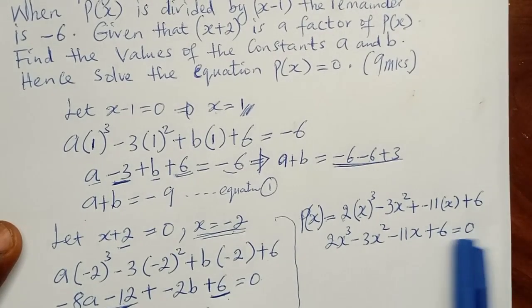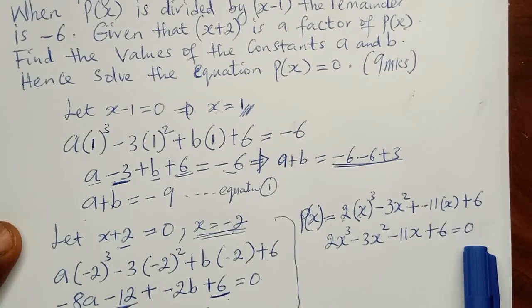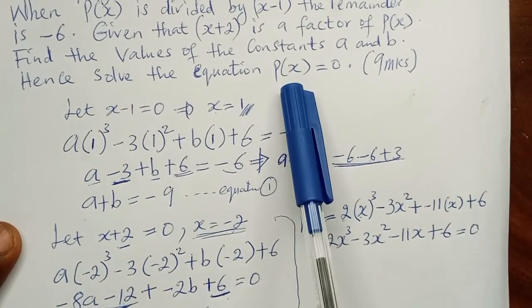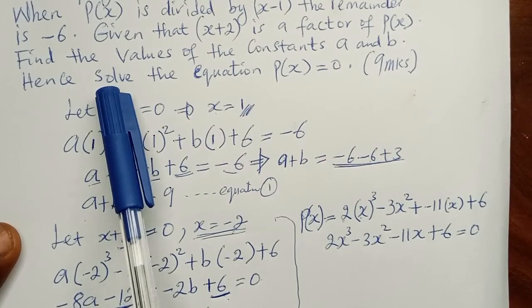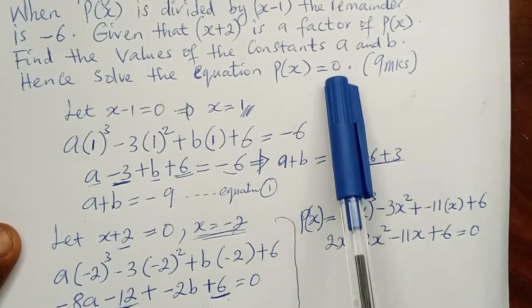What I want you to note here is that the reason we have equated it to 0 is that they have asked us to solve the equation P of x equal to 0. I want you to get this point.